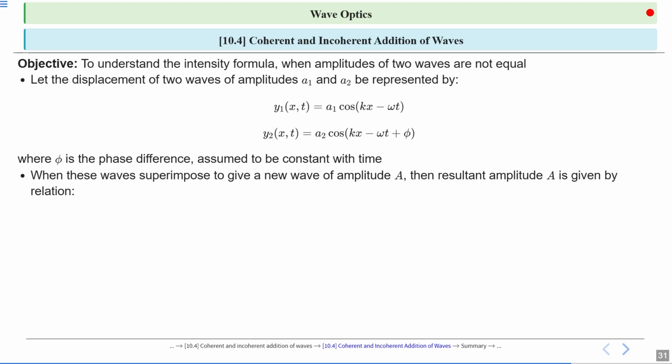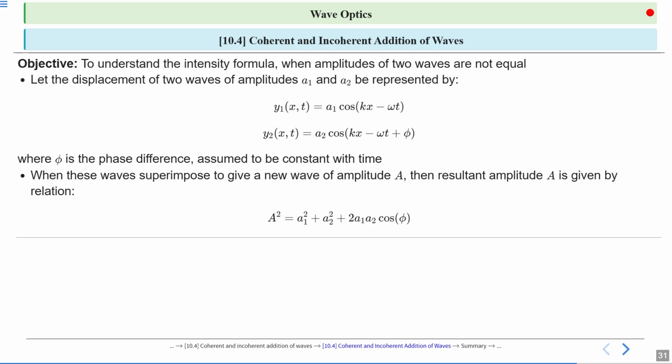When these waves superimpose to give a new wave of amplitude A, the resultant amplitude is given by the following. If the amplitudes of the two waves are different, then the resultant amplitude is given by A square equals A1 square plus A2 square plus 2A1A2 cos phi.